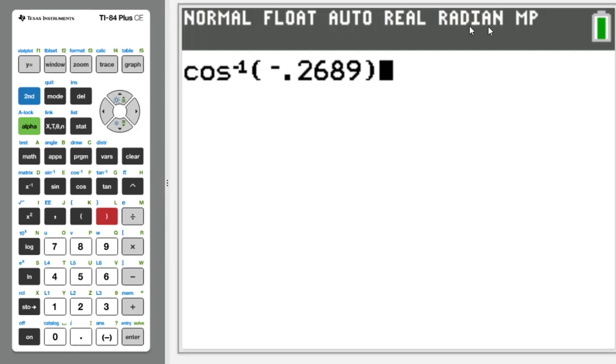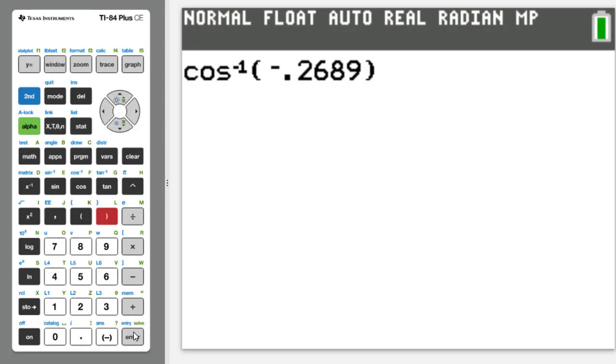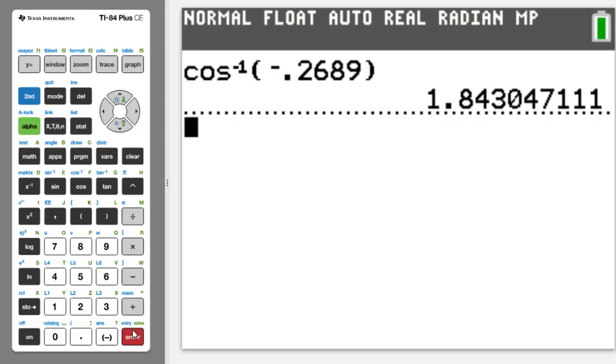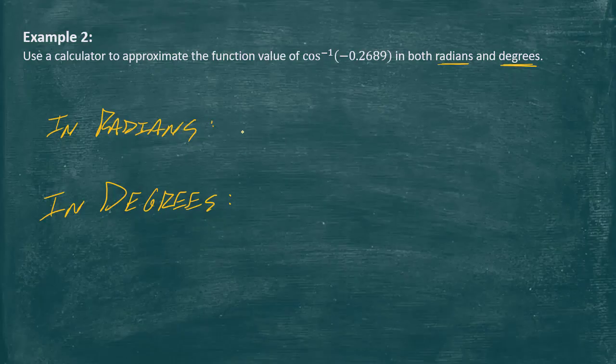I'm currently in radian mode, so this is going to give me first and foremost my radian answer. So this would come back approximately 1.843 radians, which if you recall, halfway around the circle would be pi, which is like 3.14 radians.